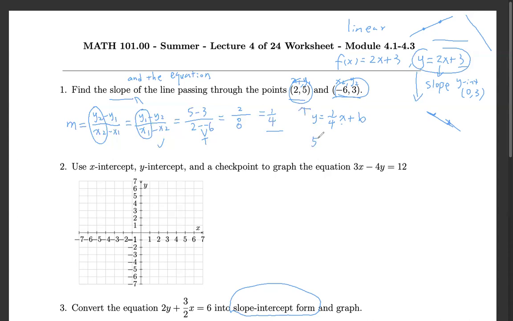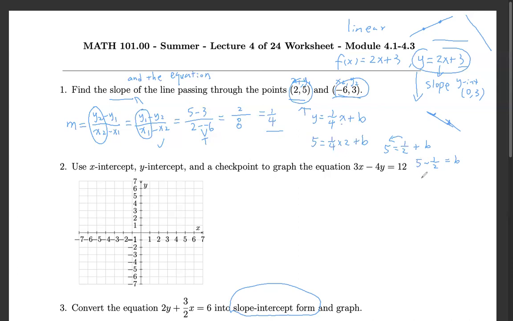So the y value equals 5 and the x value equals 2. Then 5 equals 1/4 times 2, that's a half, plus b. Then we move the half to the other side to combine with the 5, so we have 5 minus a half equals b.